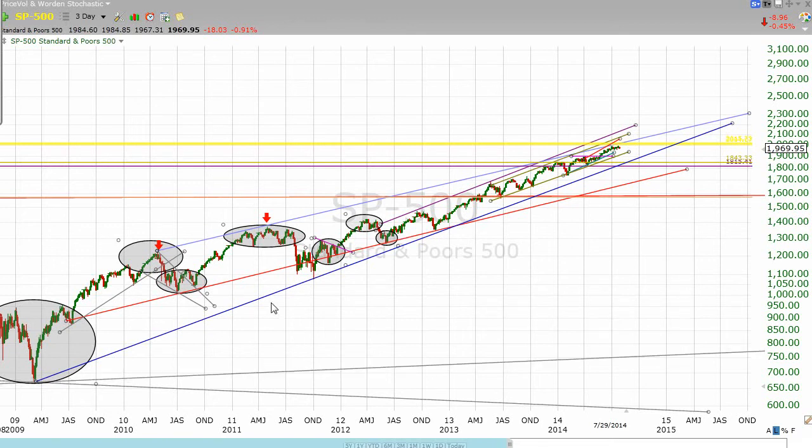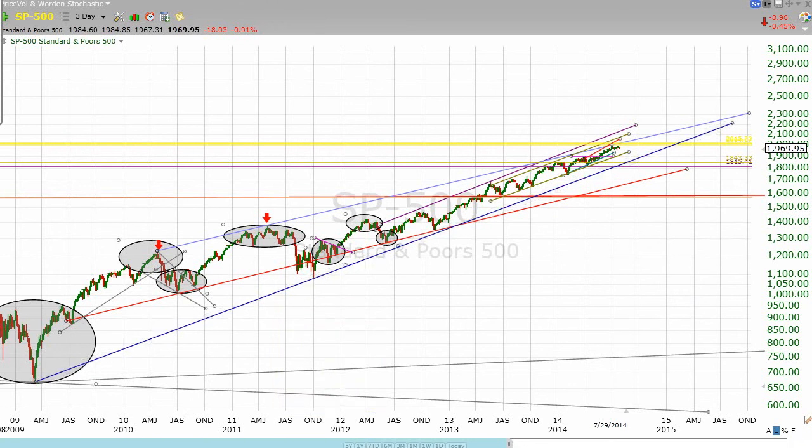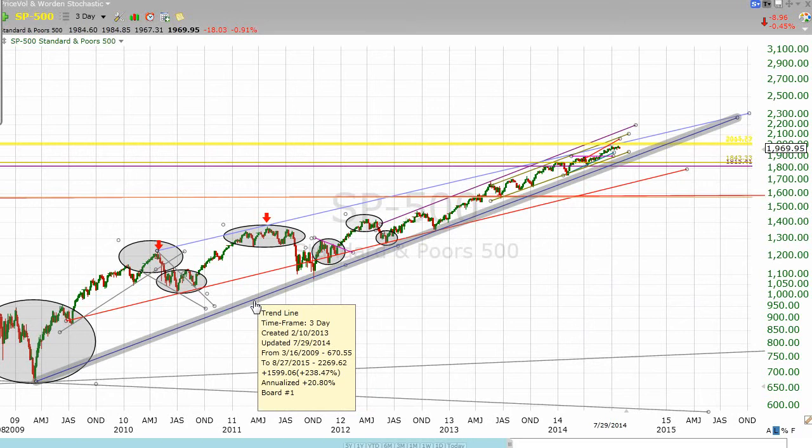But here's the line that I have in my mind as being the first shot across the bow, that the good times are maybe getting ready to turn into a bear market. This has to break, okay?